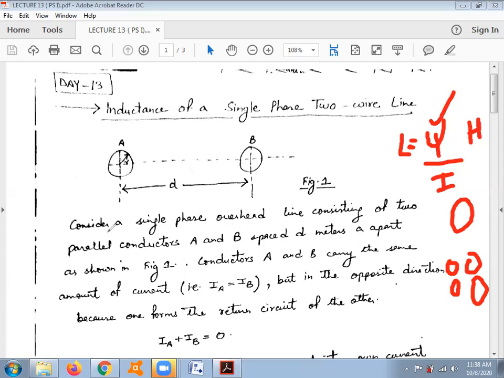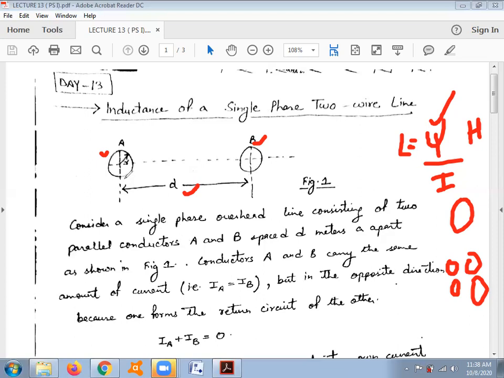So let us consider a single phase overhead line consisting of two parallel conductors. Conductors A and B are spaced d meters apart, as shown in figure 1. Conductor A and conductor B carry the same amount of current.